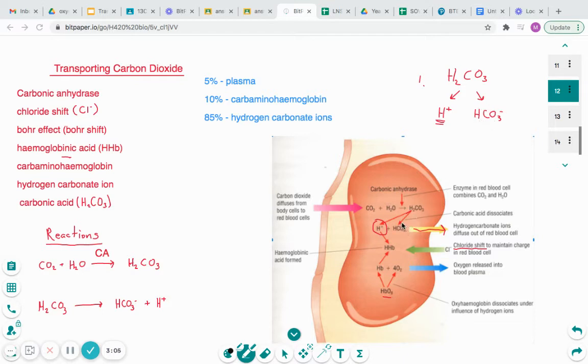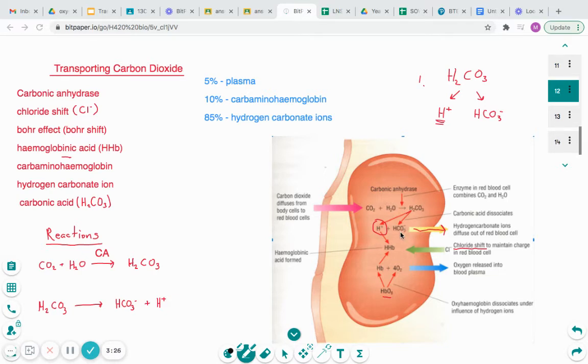Let's just follow the HCO3- first. If this HCO3- is building up in the red blood cell, or the erythrocytes, a concentration gradient is created, and it's going to diffuse out of the blood cell. When that happens, it takes the negative charge with it.